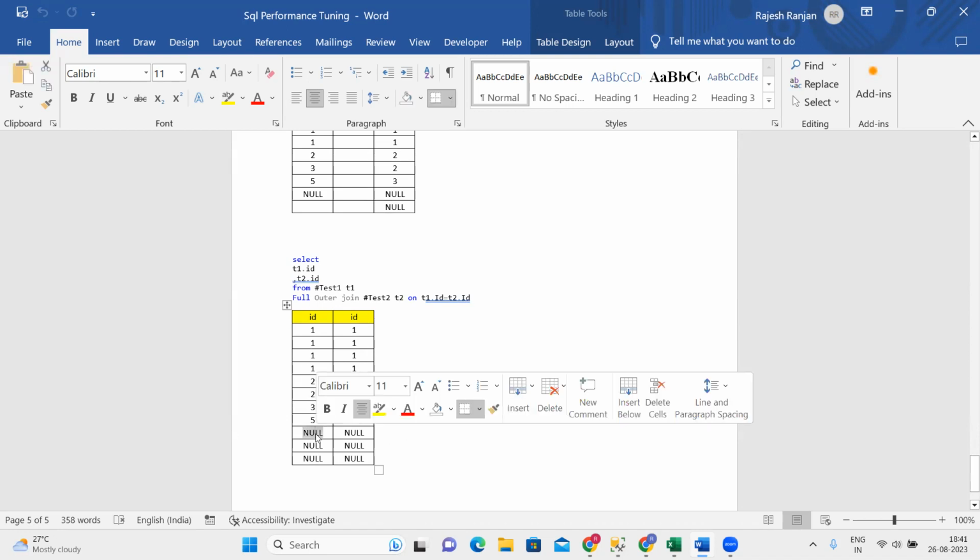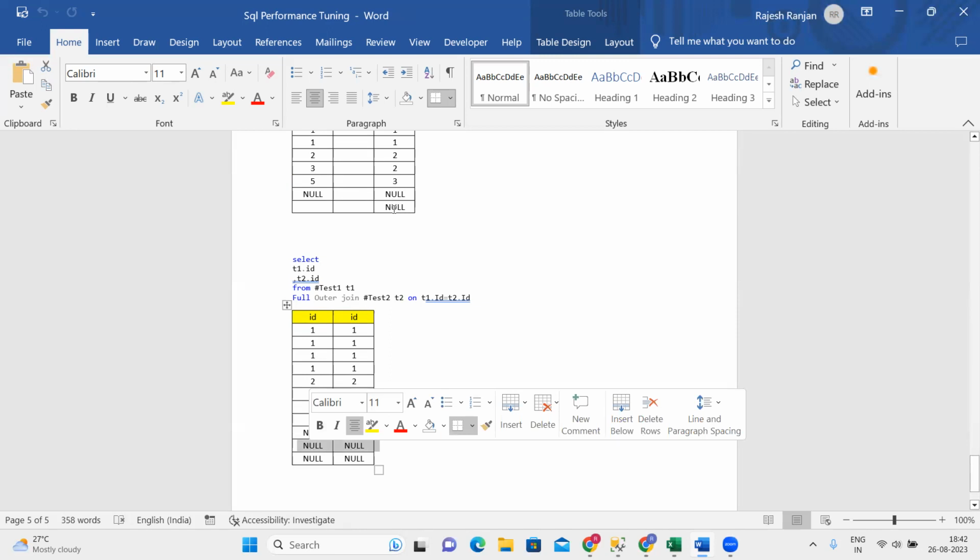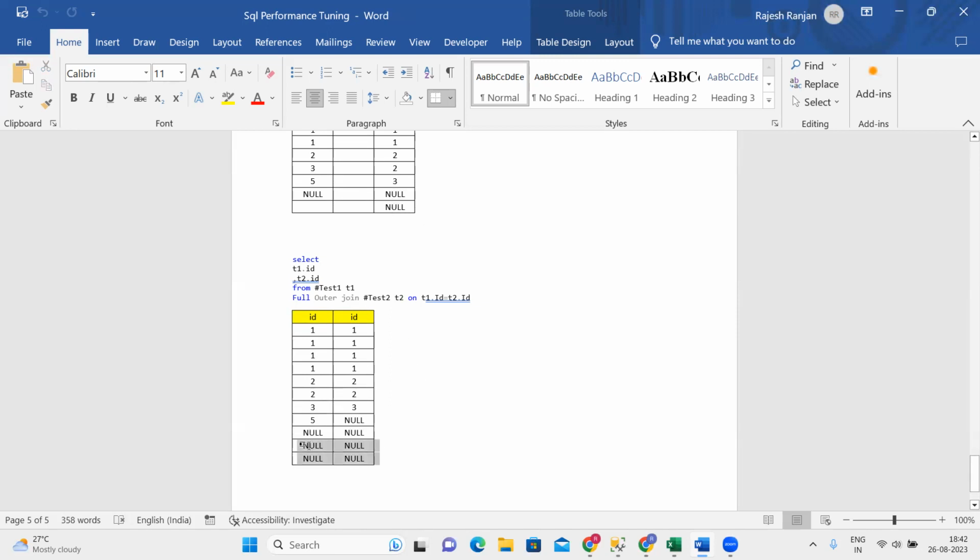And this null comes from the left hand side table where we have one null value, which does not match in the second table, that's why it's displaying the null. And another null value comes from the right table, which displays two times, and this one three times.